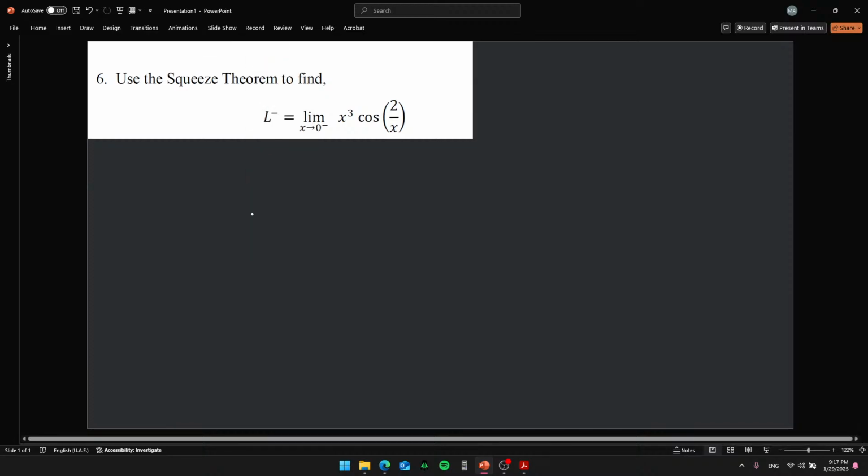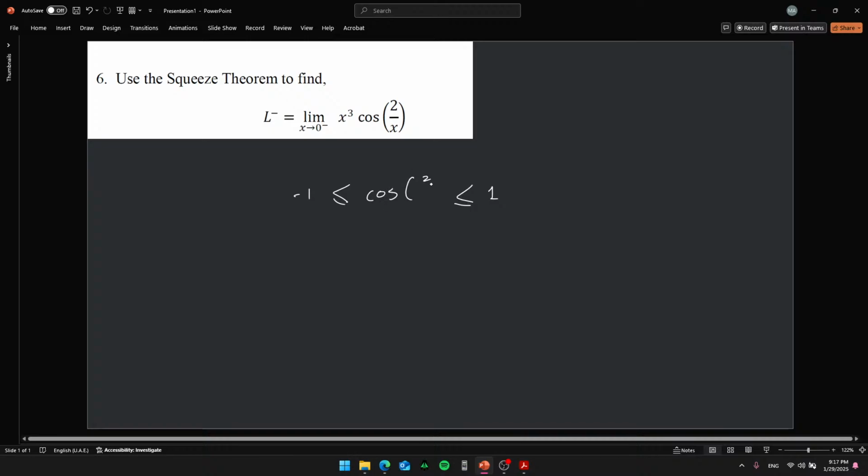So basically in the squeeze theorem, you have to look for a function that you can restrict its domain. For example, x cubed, you can't restrict its domain, but for cosine of 2 over x, you can restrict it between -1 and 1, right?